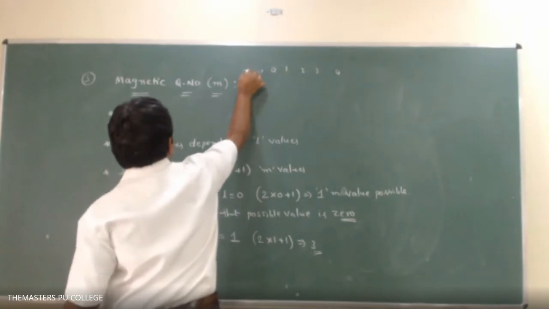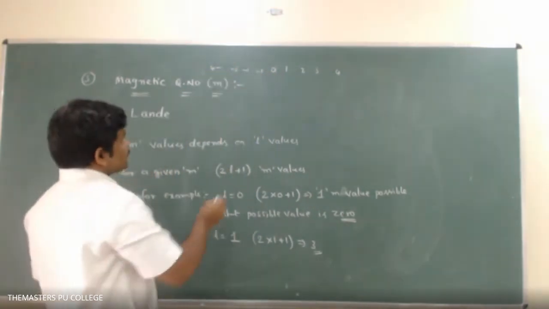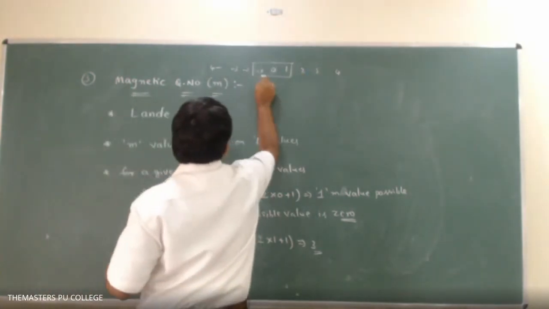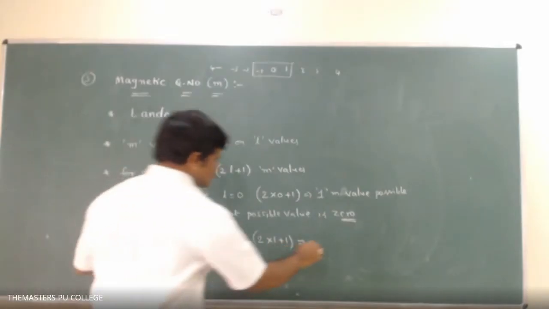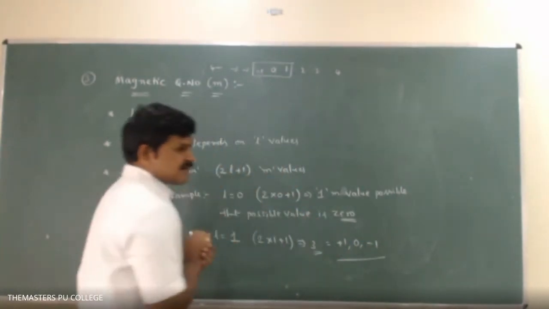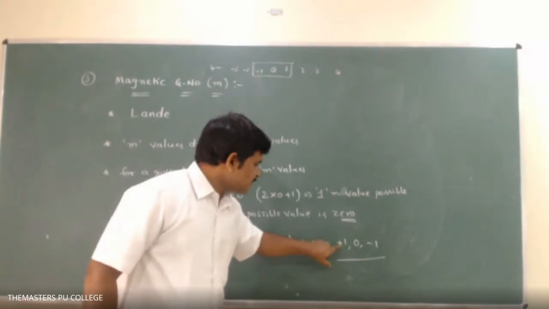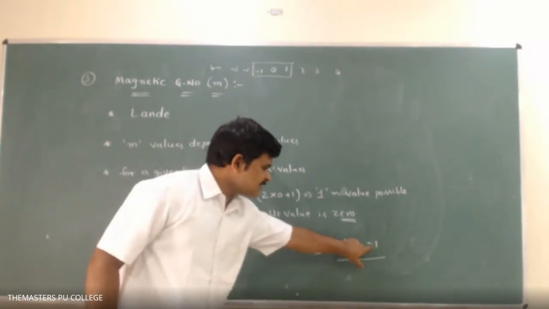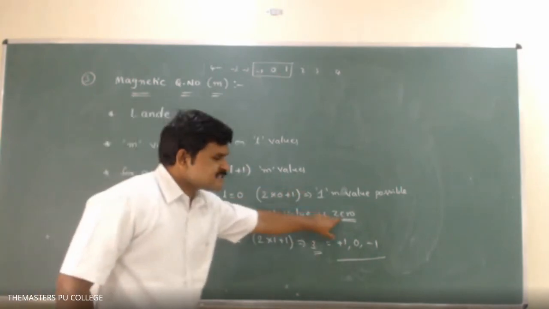Here plus 1 to minus 1 means what are the possible values? Plus 1, 0, minus 1. 3 values are possible: first value, second value, third value. The second value is 0. Here the possible value is 0.